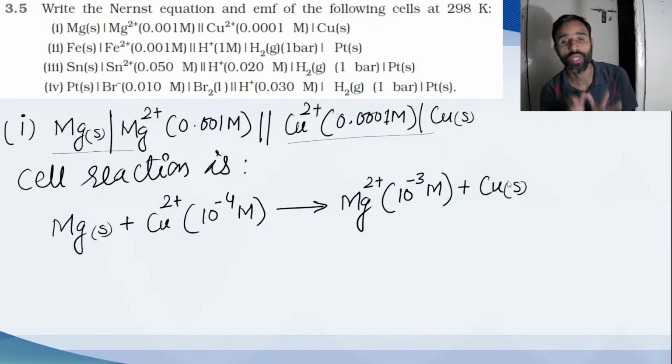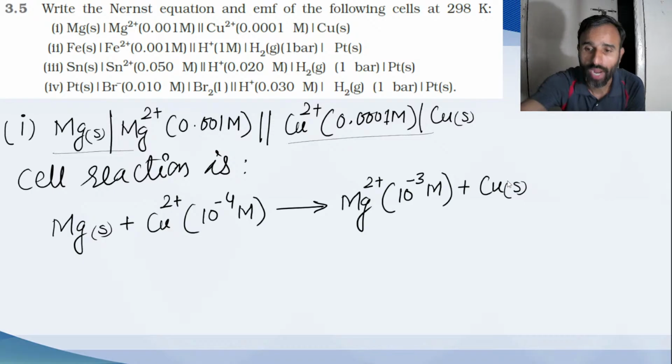So this is the way: write the cell reaction, and now balance the charge. On the left side there is a 2 plus charge, on the right side there is also a 2 plus charge. That means charge is balanced, and the atoms are also balanced. Charge as well as atoms both are balanced.